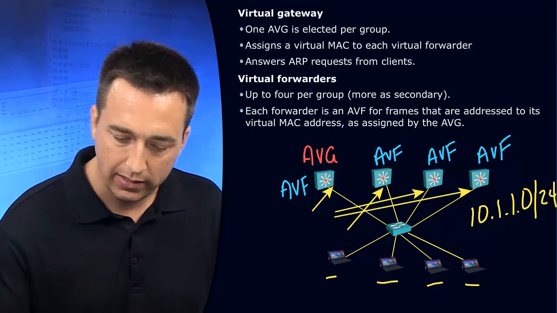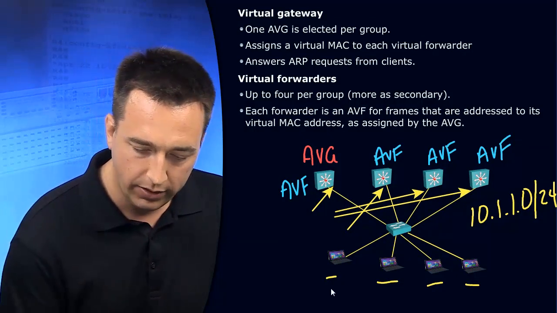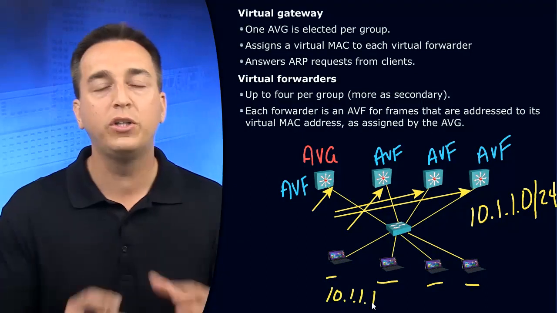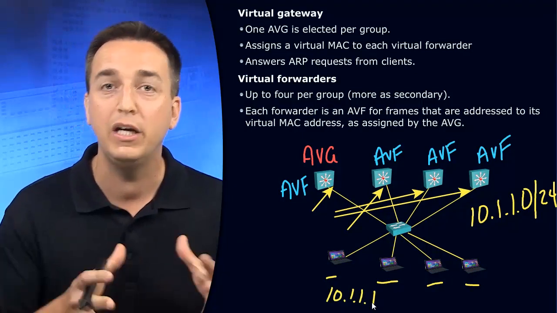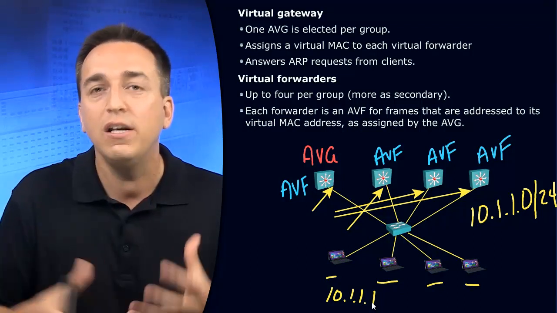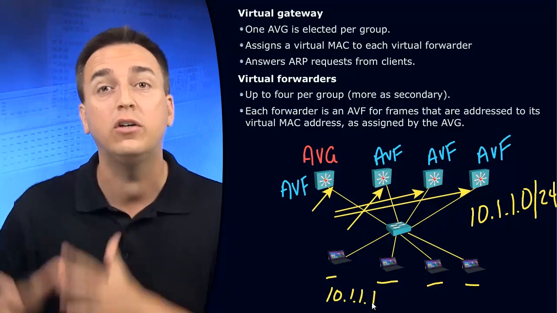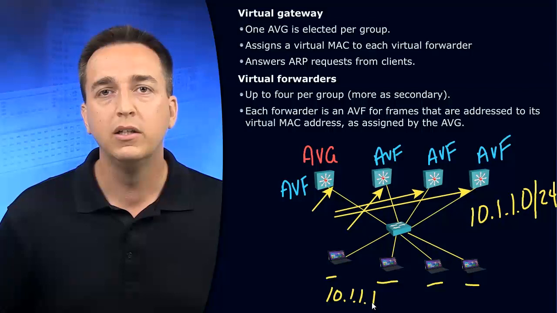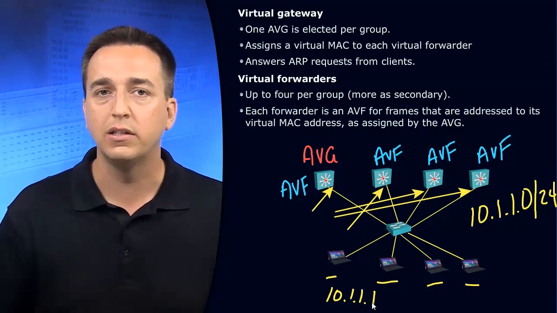So a client states, I need to get to 10.1.1.1, which is the virtual IP address that is being used for this GLBP group. It's the default gateway IP address that every single client is configured with. And the AVG says, use this MAC address.